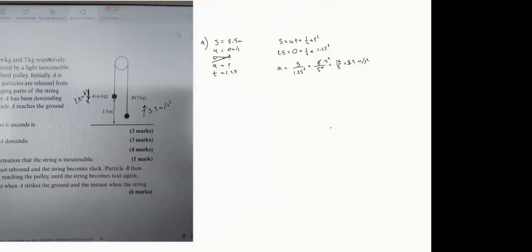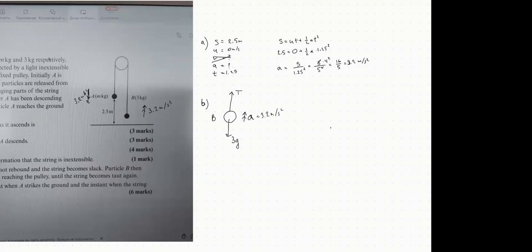Okay, so now we actually use dynamics. So we look at the B. We start with B because we know the mass B. And the tension in the rope is T. Now downwards is 3 times G. And we know that the acceleration is up, and the acceleration is 3.2 meters a second squared.